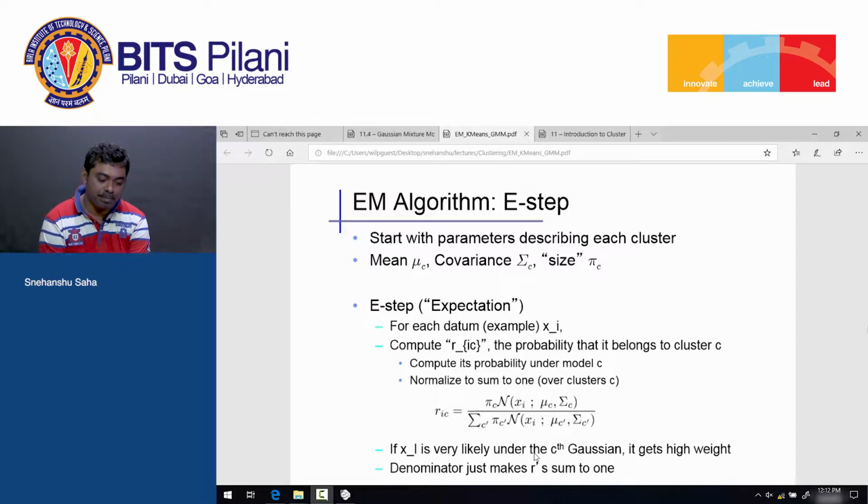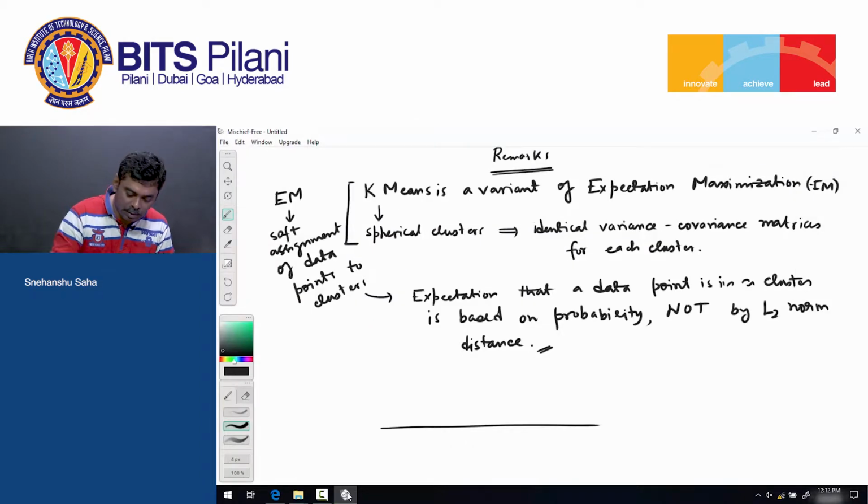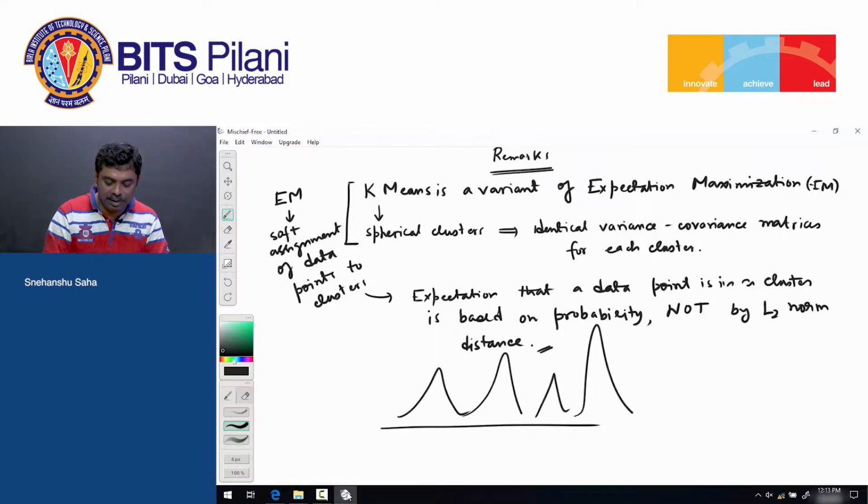So what does it really mean? It means that this is where the probabilistic assignment comes in. I have one distribution, then another distribution, then another, and all are Gaussian. So I have something like pi.